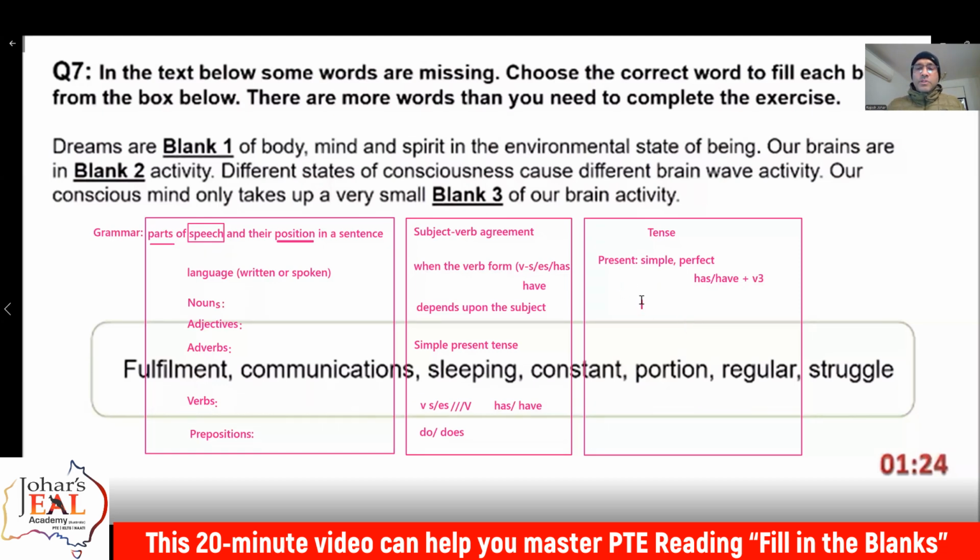Another commonly used tense is past tense, when we use the second form of the verb. Do, did, done. Done is the verb's third form. So: simple present, present perfect, and past tense. Which past tense? Simple past.